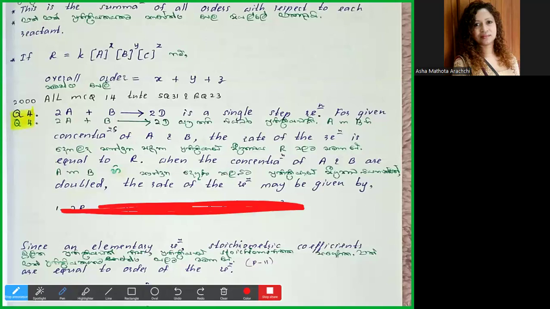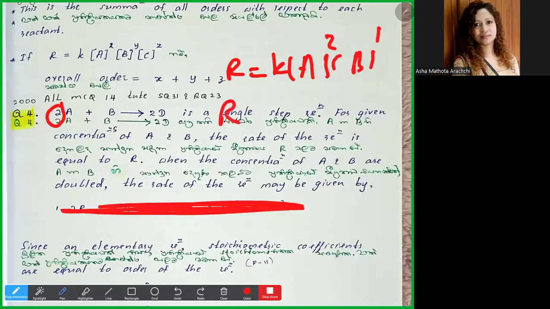What is the answer? Okay, first equation I'm writing, they were given as R equals K A to the power, because order equals the stoichiometric ratio, A to the power 2 into B to the power 1. Then the second one I'm going to get as, let's say, R2 equals K into 2A to the power 2 into 2B to the power 1.